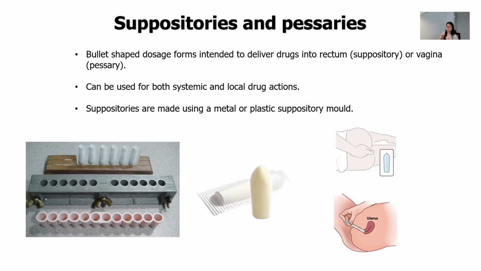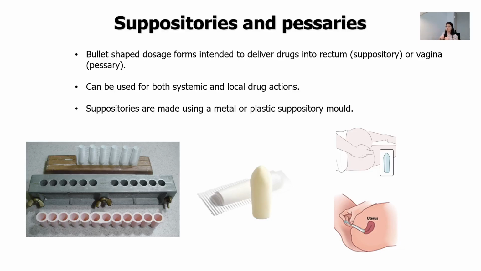Systemic means that once we insert it into either the rectum, or the pessary into the vagina, the drug will disintegrate and be absorbed into the blood vessels. Then it will run through the body to create systemic drug actions.